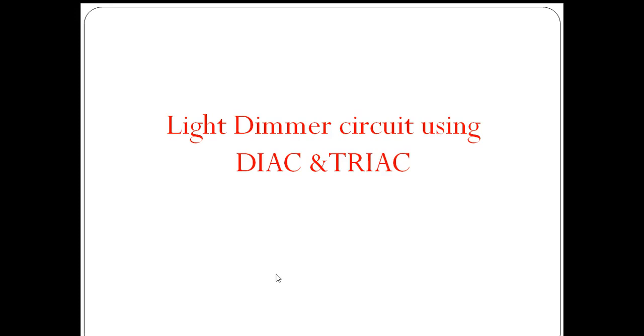By using these, we send the required voltage to the lamp. By changing or adjusting the voltage to the lamp, the intensity of the lamp will be controlled. So that is the light dimmer circuit. How it operates using this diac and triac circuit, we will discuss in this video lesson.